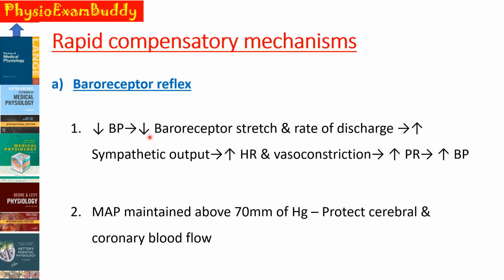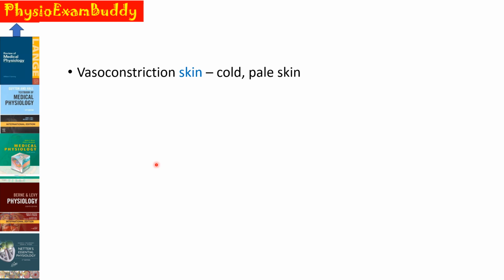So we will see what are the effects of this vasoconstriction in different parts of the body because of these sympathetic nervous reflexes. Marked vasoconstriction in the skin accounts for the cold and pale skin.